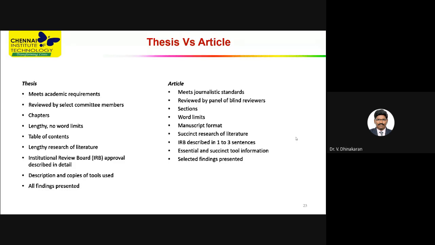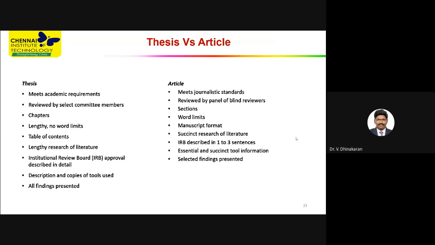A thesis will be very lengthy, and an article may not be as lengthy as a thesis. In a thesis, all findings should be presented in the form of chapters, whereas in an article you do not need to present all the results, only the essential results.